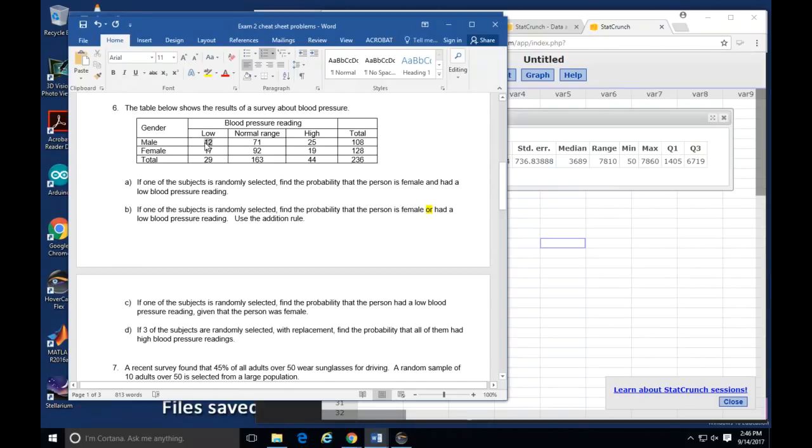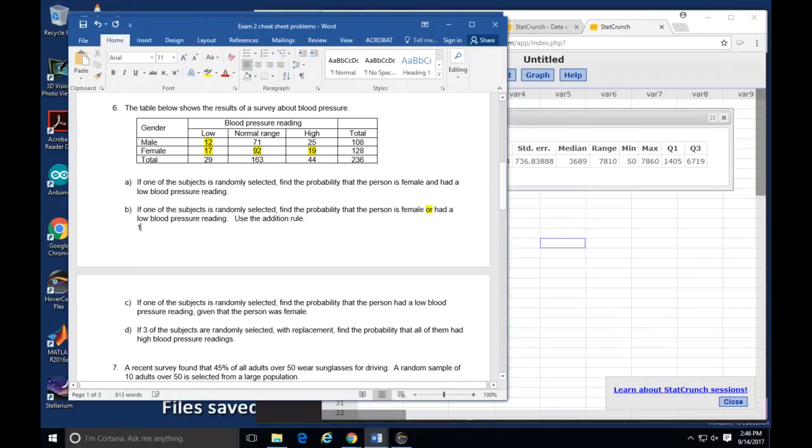The low blood pressure would be this one and this one. And then the females are this one, and this one. So if we mark the cells that would be one or the other of these, then we could just add up those numbers.